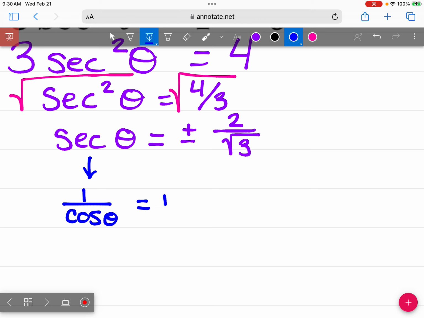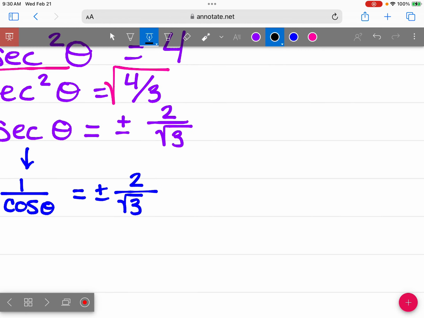So if 1 over cosine is plus or minus 2 over square root of 3, that is the same thing as saying when is cosine plus or minus square root of 3 over 2. So when we're dealing with the reciprocal functions, it sometimes helps to flip it back over.